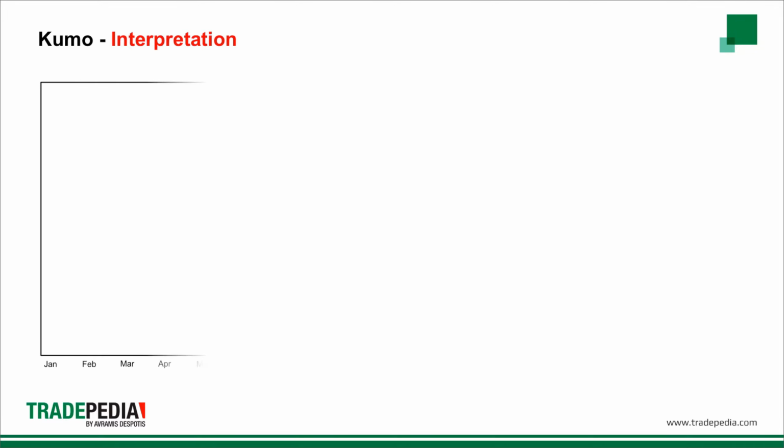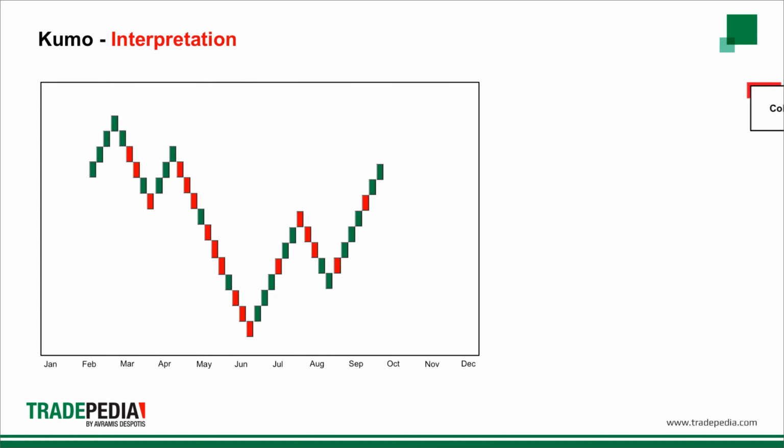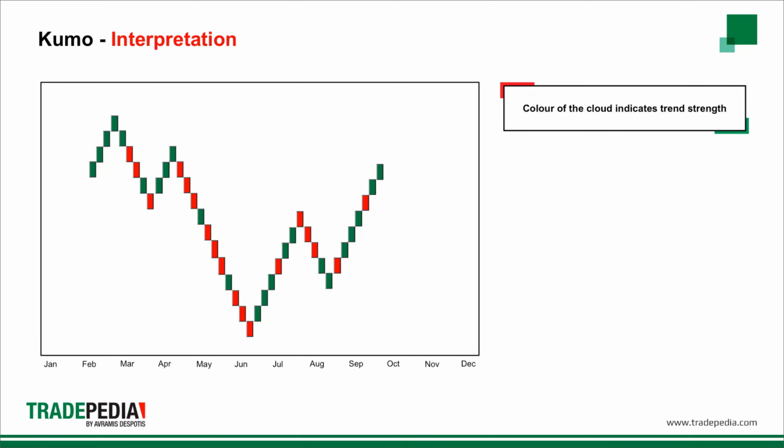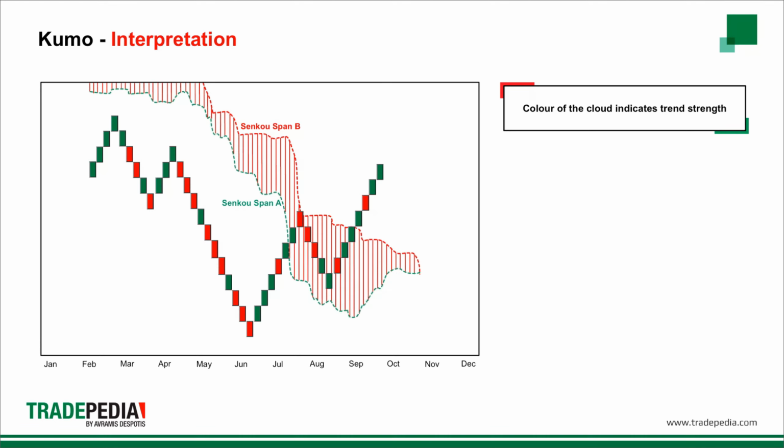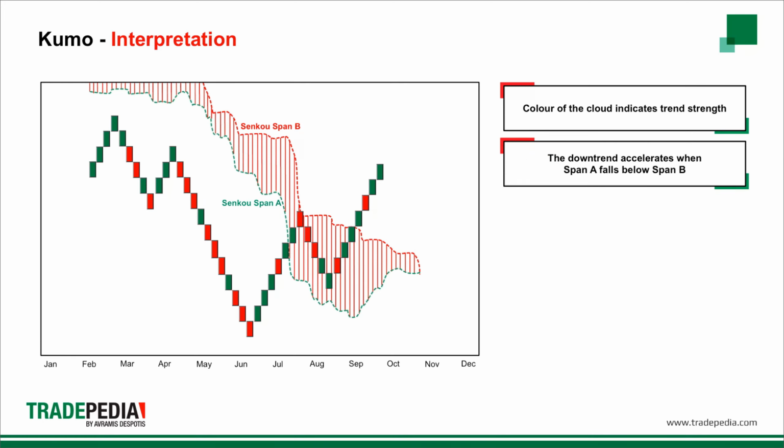Okay, so let's see an example here. The color of the cloud indicates the strength. Let me just get the Ichimoku cloud out. Again, the cloud is formed between the area of A and B. In this case, the downtrend will accelerate.